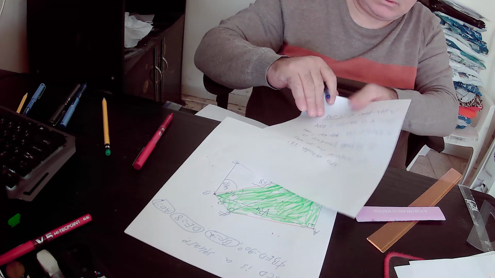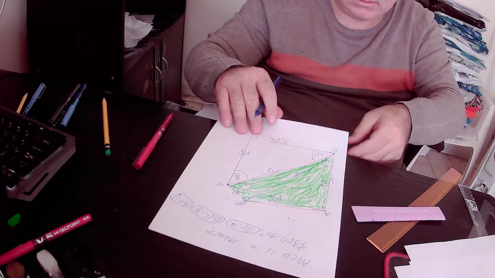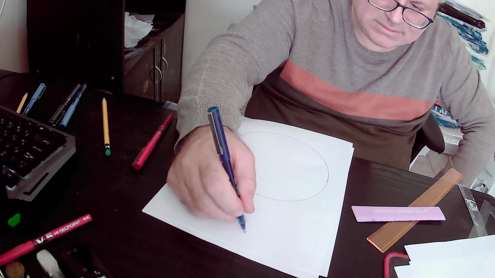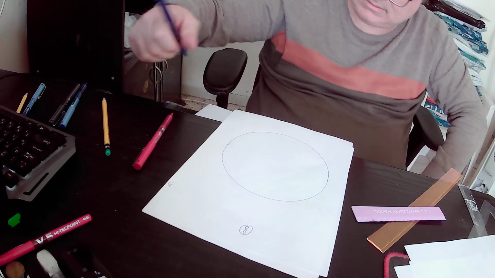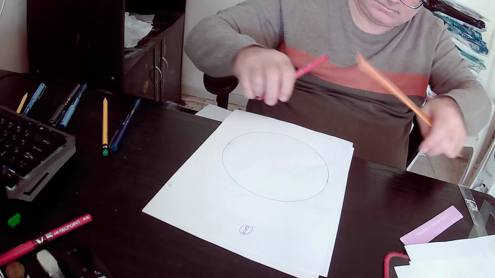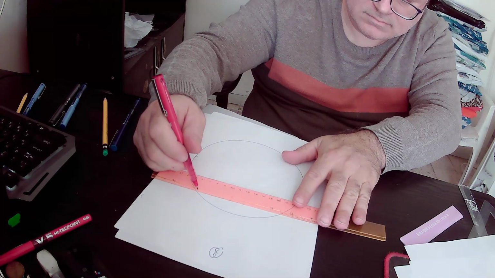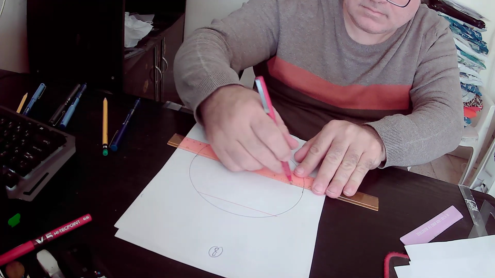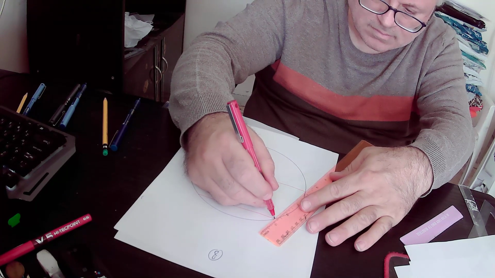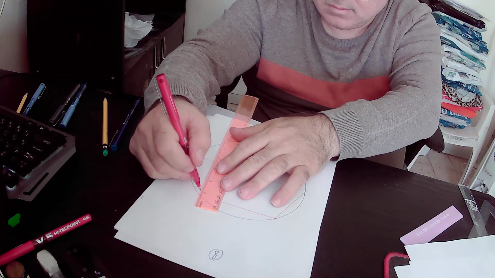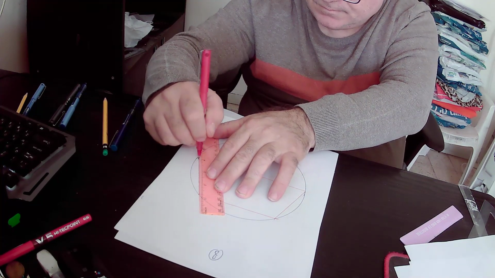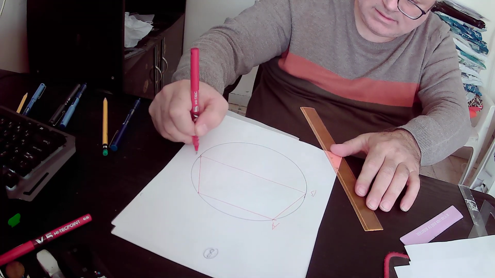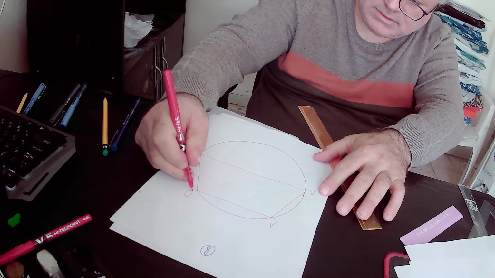So what is the meaning of rule number 3? The meaning of rule number 3 is that if we have quadrilateral ABCD that is described by this circle, so quadrilateral ABCD is described by this blue circle.